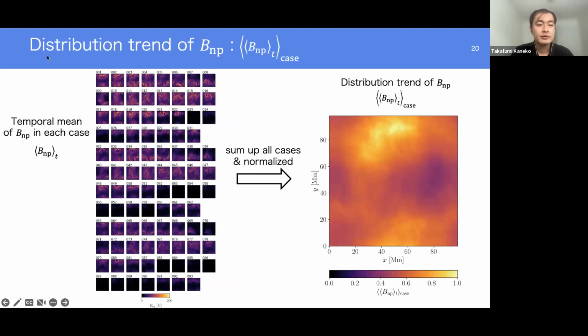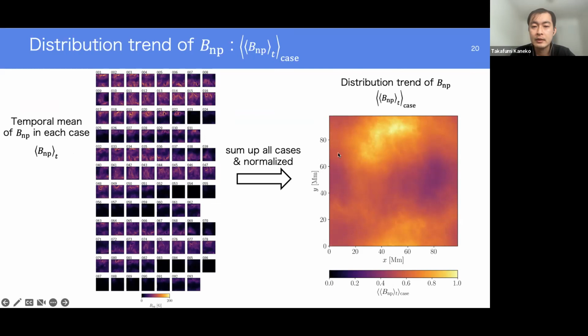To extract the trend, we temporally averaged the non-potential field, and this panel shows the temporal mean of the non-potential field in each case. After that, we summed up all of these trends and normalized, then derived this distribution.